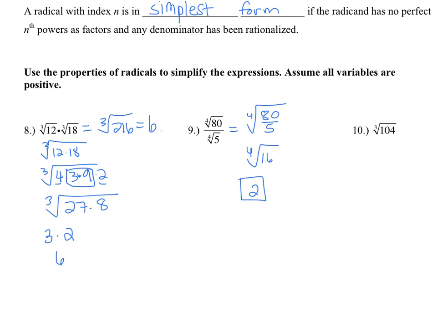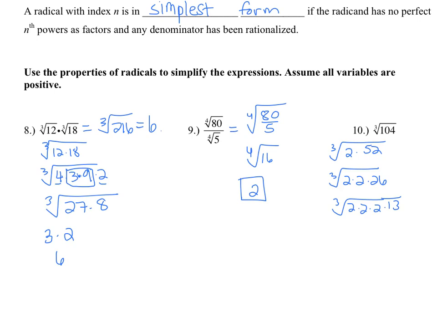Okay, so number 10 is just about simplifying to its simplest form. So I'm going to have to figure out what its factors are. It's 104, so I know 2 goes into it because it's even. 2 would go into it 52 times. Well, 2 goes into that as well, 26 times, so I can keep going one more time, and then I'll have it down to its primes.